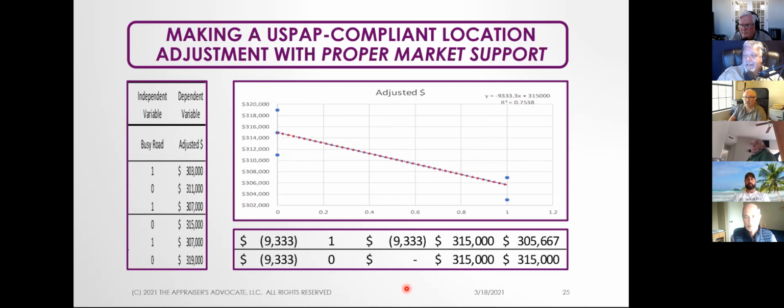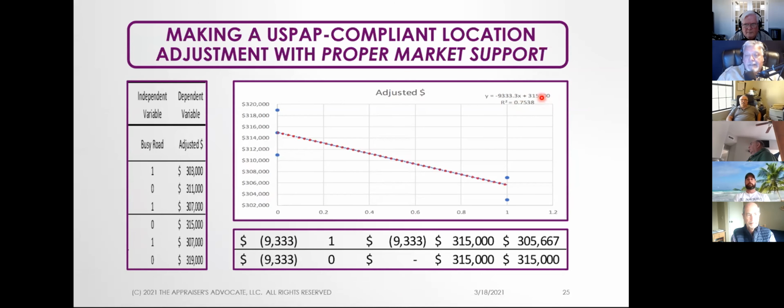Thank you very much. All this stuff down here is just math. A lot of times people see the Y and the X and they say, oh, that's algebra, and they get all upset. Yes, it's algebra, but here's the math. All it says is Y, which is this line over here, in other words, the answer you're looking for, is equal to minus $9,334 times either 1 or 0, plus $315,000.